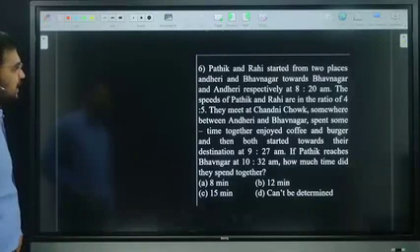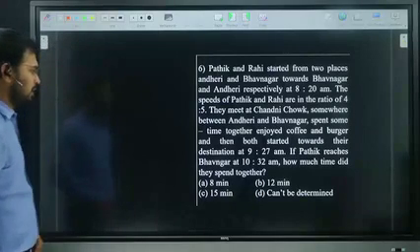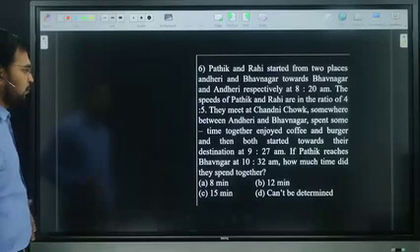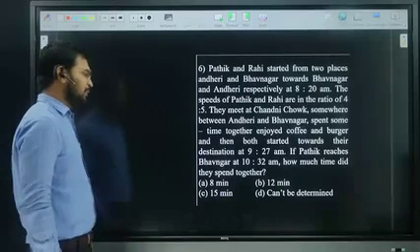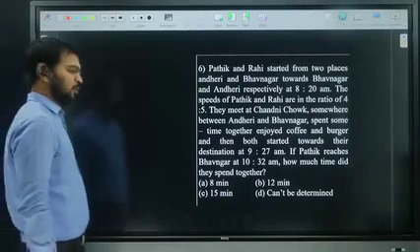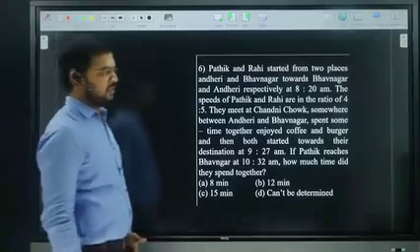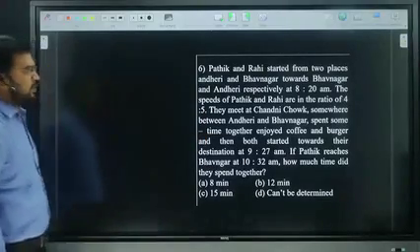They meet at Chandni Chowk somewhere between Andheri and Bhavanagar, spent some time together, enjoyed coffee and burger, and then both started towards their destination at 9:27 a.m. If Patik reaches Bhavanagar at 10:32 a.m., how much time did they spend together? Understanding the question is very, very important.